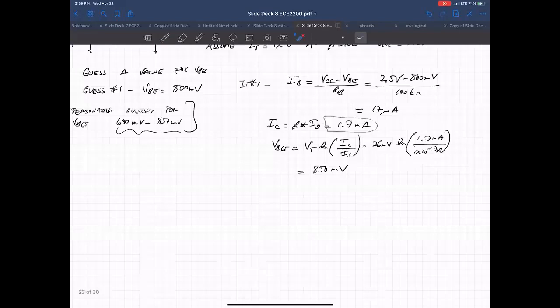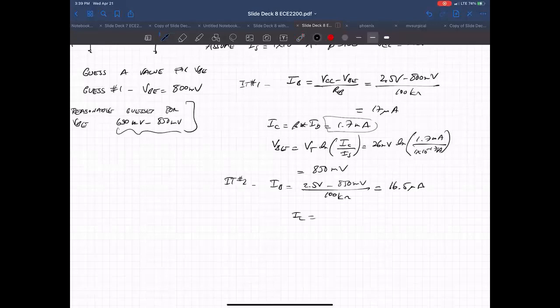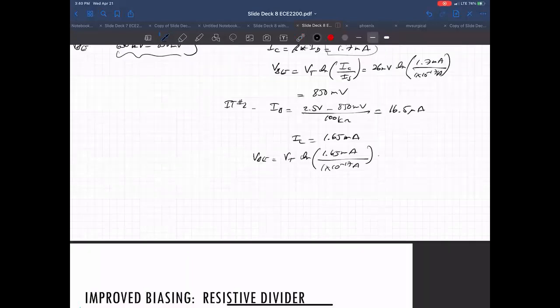And if I plug that into my VBE equation, VT natural log of 1.65 milliamps over 1 times 10 to the minus 17 amps, this is going to give me 851 millivolts. Now, thankfully, that's pretty close to our previous value. So 1 millivolt is pretty close. So we can say that these are close enough.